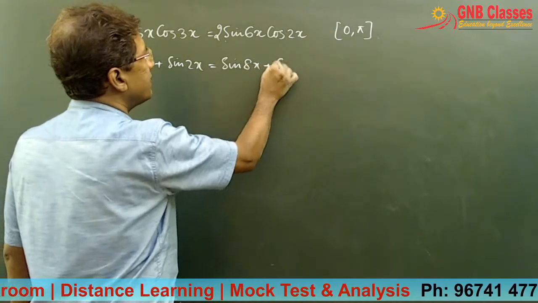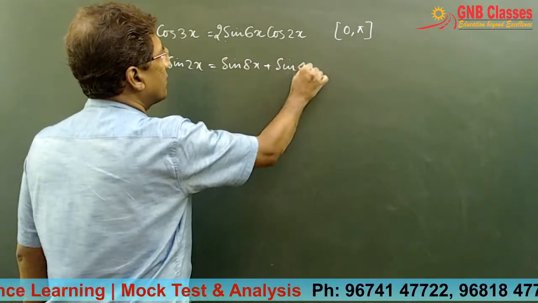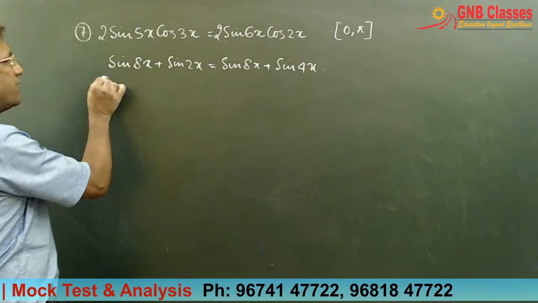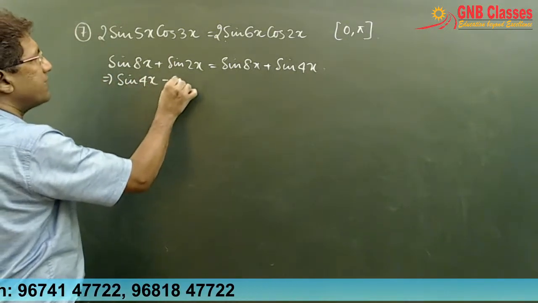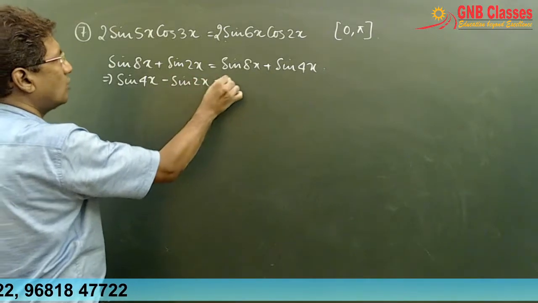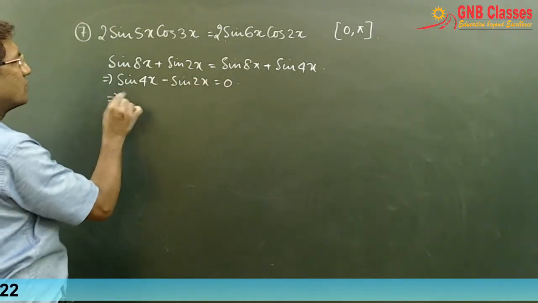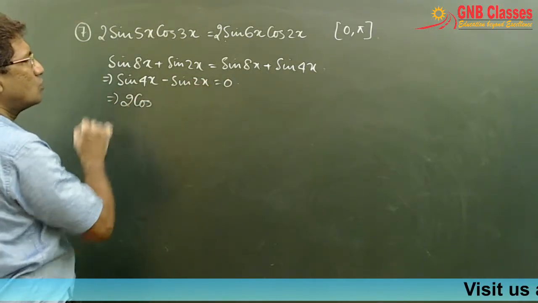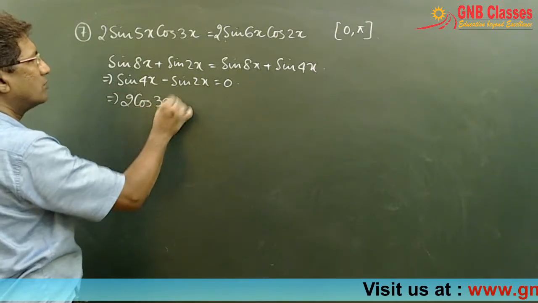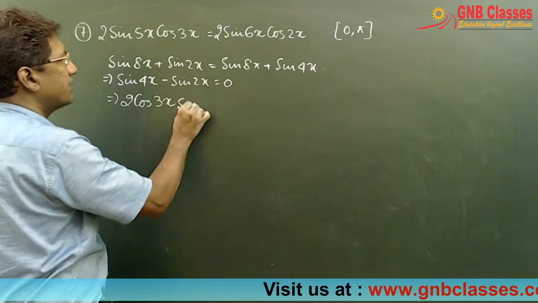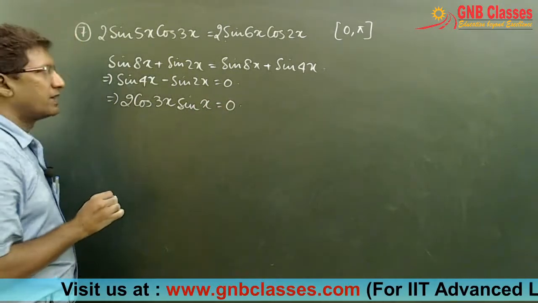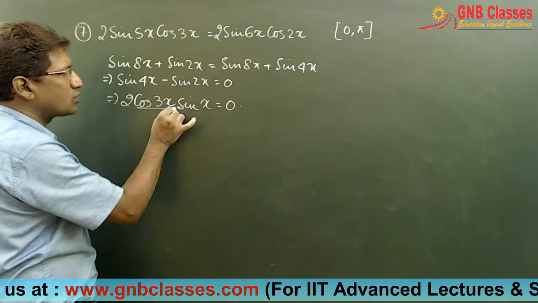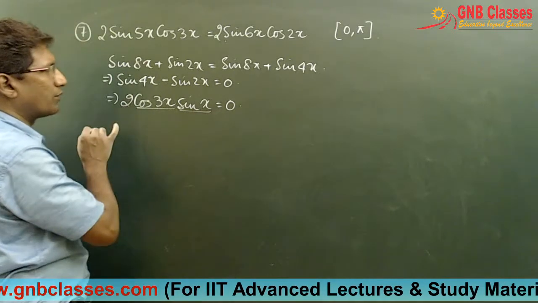So all we are getting here is sin 4x minus sin 2x equals 0, implies 2 cos ((c plus d) by 2) sin ((c minus d) by 2) equals 0. Is it clear? Now either this is equal to 0 or this is equal to 0.